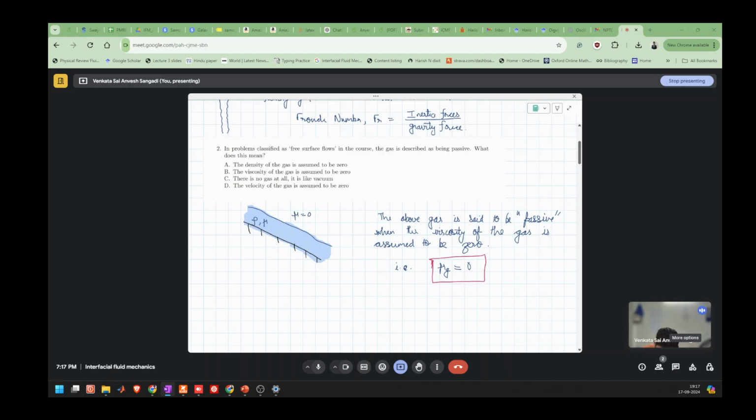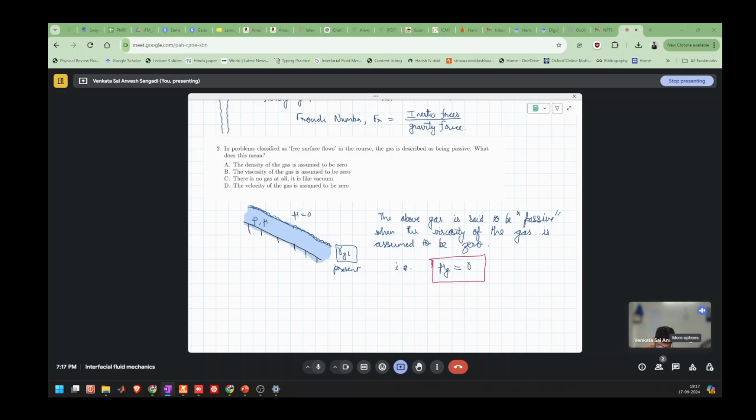But essentially we say that the gas is passive because the effects of the gas can be felt on the interface by virtue of the surface tension between the two fluids. That is, there can exist a gamma gas and gamma liquid. This can be present, and therefore this enters into the jump conditions. Therefore, we say that the upper gas is not entirely neglected but is considered to be passive.